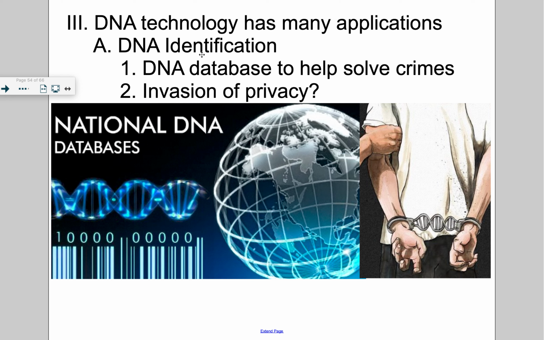But my question to you is, be very careful with this. Is it an invasion of privacy? Because your DNA identifies you. If you have your DNA out there for the world to examine, it might be used incorrectly. I'm focusing more on insurance. If your DNA is in a database and it gets bought out by an insurance company, now that insurance company has your DNA information, and they can say, oh, this disease runs in your family.